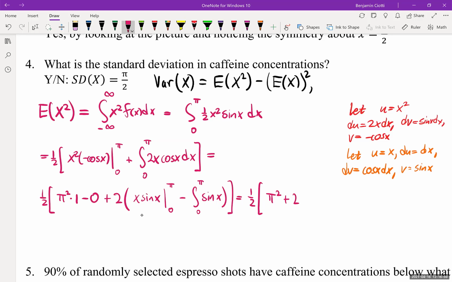We get pi squared plus 2 times, okay, that's pi times 0 minus 0. Integral of sine is negative cosine. So that's a plus. Am I getting my minus signs right? Yeah, okay, plus cos x from 0 to pi.